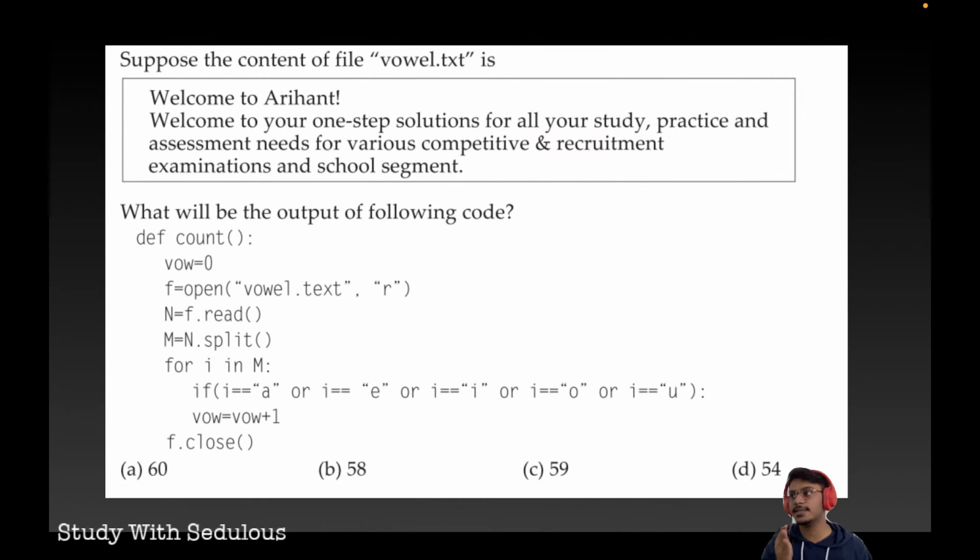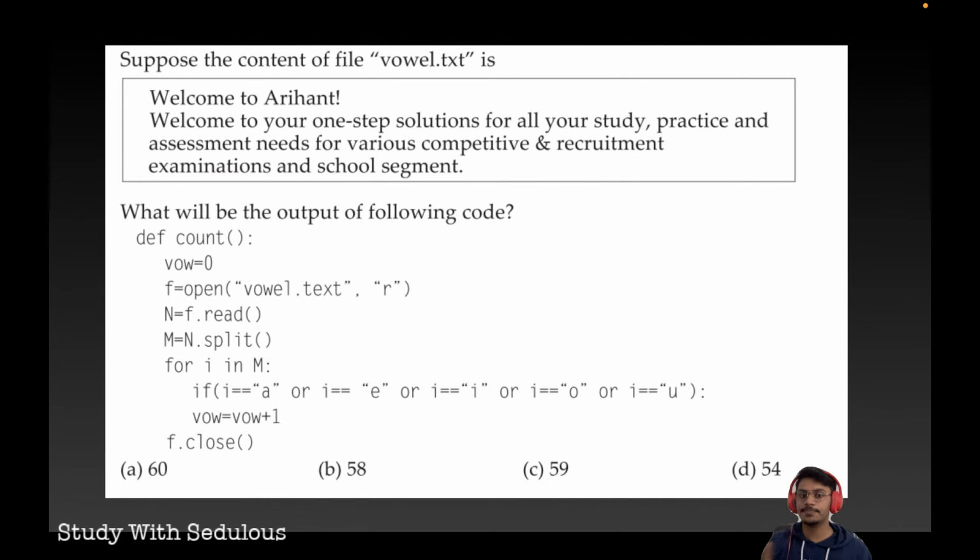For every space we'll cut that object and make it into an element of a list. Now this complete thing would be converted into a list of welcome, to, Arihant, welcome, to, your, one step, solution, for, all, your, study, etc. For every space it does.